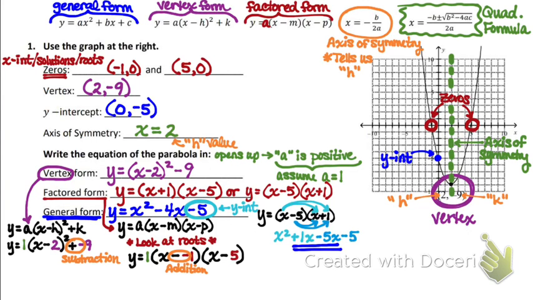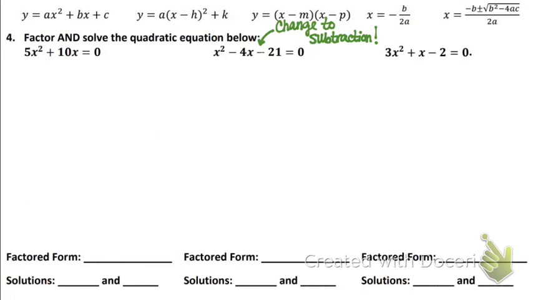There was a slight typo on your test review. It's on problem number 4, on the back of this page. Snap a quick picture of this if you need to, because I want to show everybody where this typo was. Problem number 4, the middle equation, had the mistake.